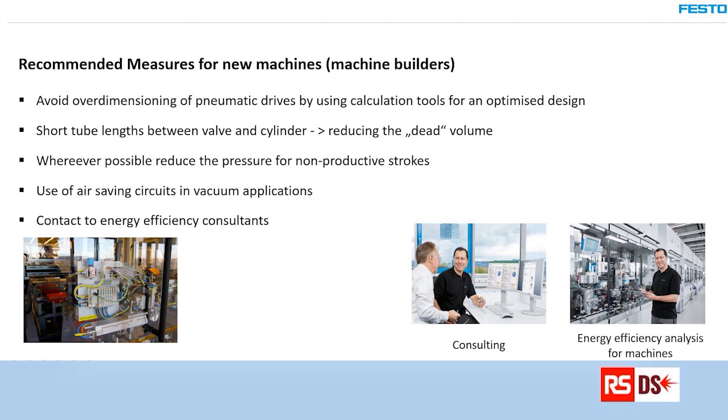Maybe I'm changing the runtime of the cylinder because I have enough time to do this. And with a slower motion of the cylinder, I need maybe a cylinder one size smaller. And so we can play a bit with these dimensioning tools for efficiency, to have a higher efficiency on the machine.